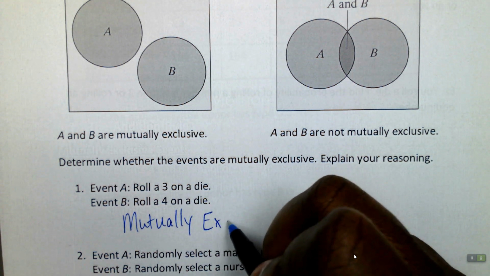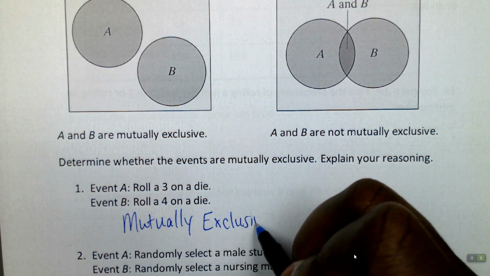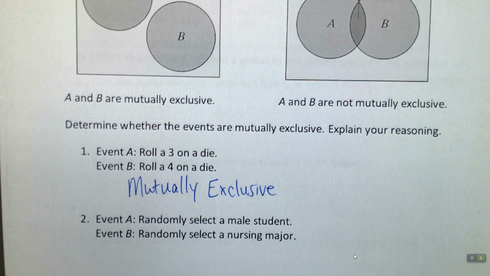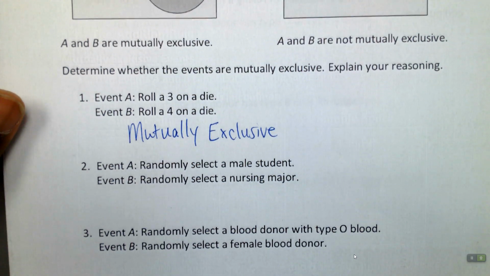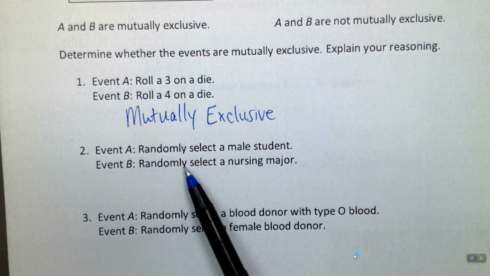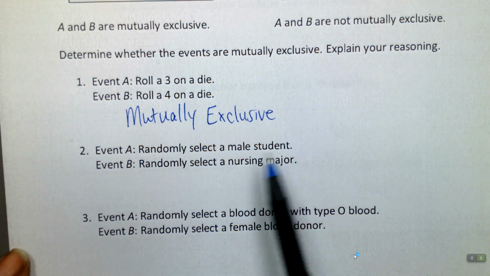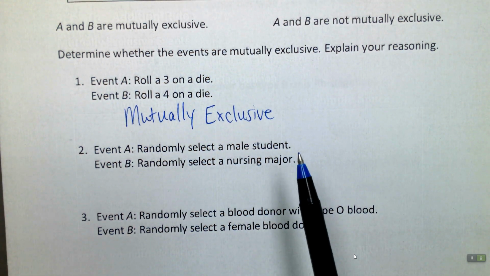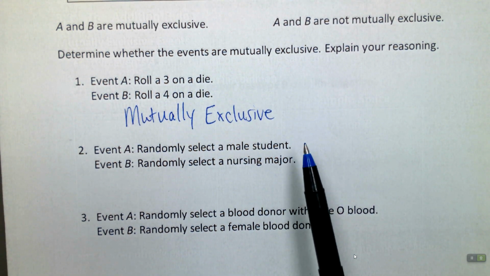It's going to be a little backwards of what you would think. Mutually exclusive means there's nothing in common. Let's look at the second one. Event A, randomly selecting a male student. Event B, randomly selecting a nursing major. Can I pick a student who is a male and is also a nursing major?